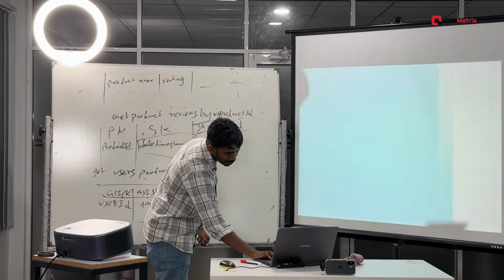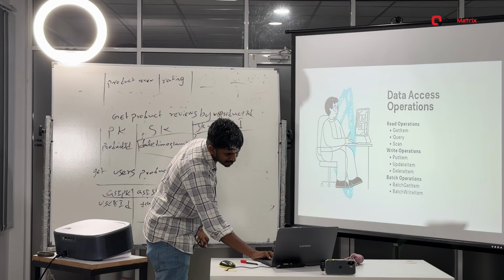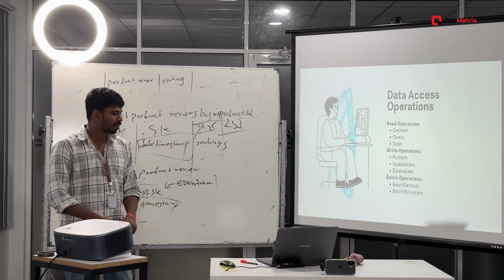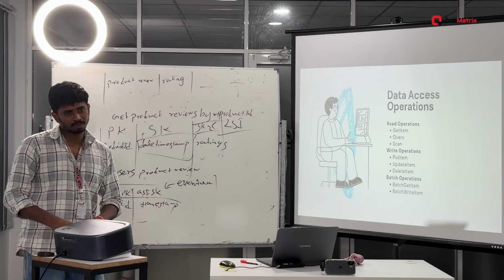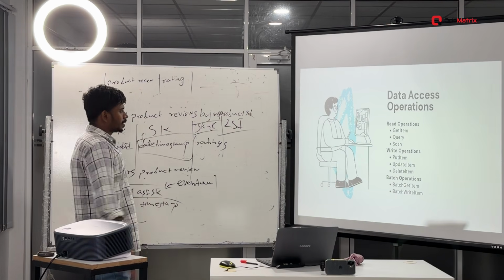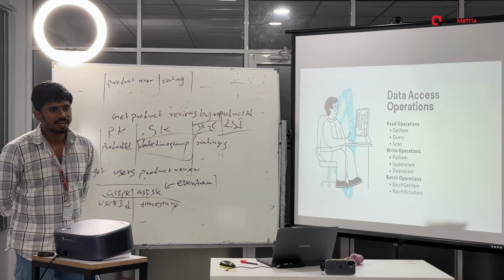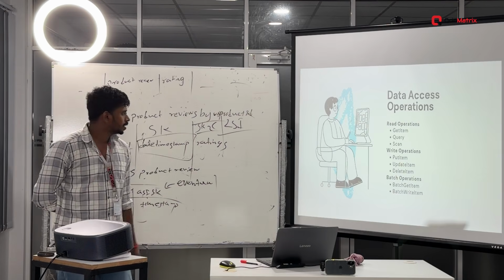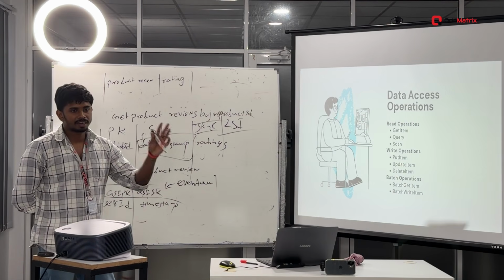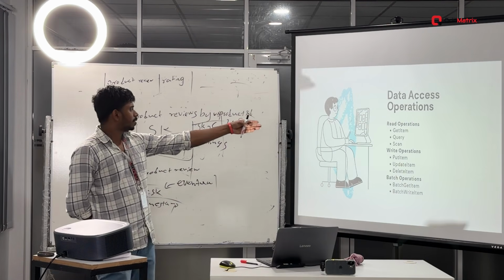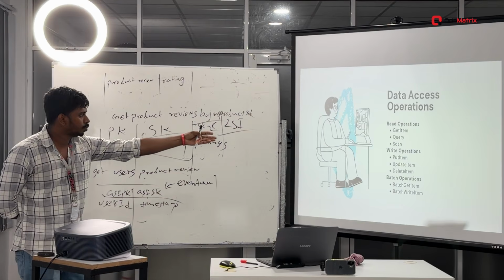So I think we have gone through these access patterns, and here we have some data access operations also. Here we have read operations, write operations, batch operations, and some other operations also, like creating the table. For read operations we have get item, query, and scan.